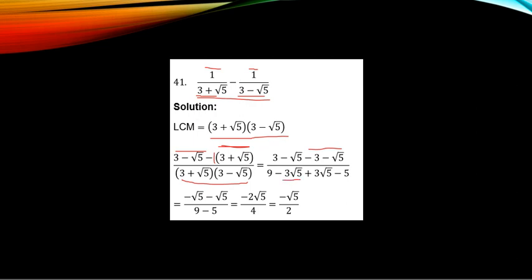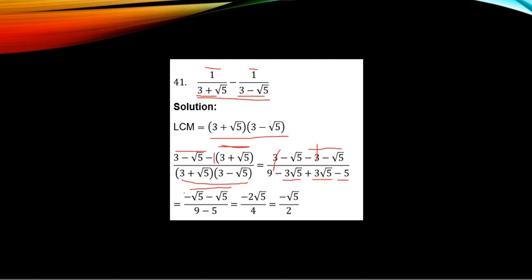Then you take the second term, root 5 times 3, that is 3 root 5, plus times minus is minus, root 5 times 5 is 5. For the numerator, 3 minus 3 is 0. You are left with minus root 5 in this form.